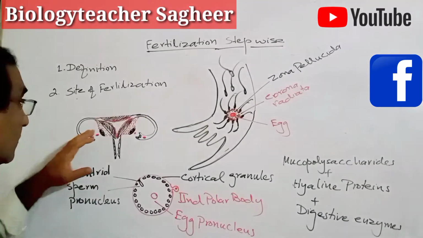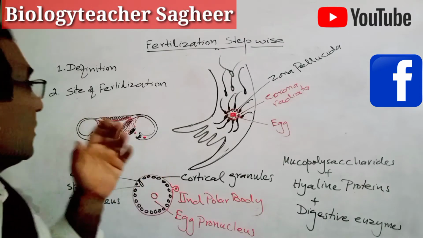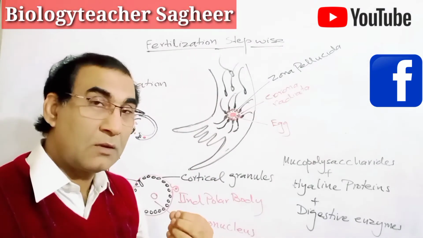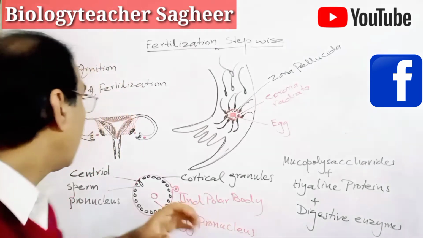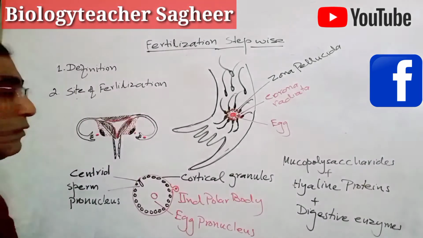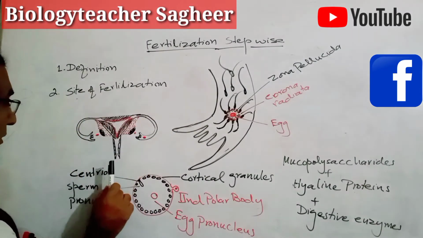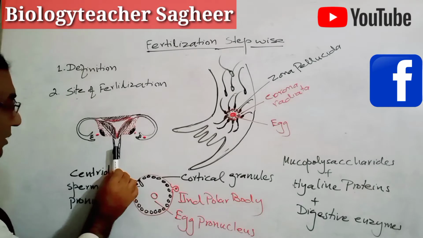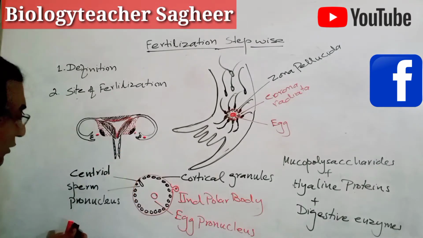Now let us come to discuss where the site of fertilization is. All of you know very well that this is the female reproductive system, and the penis places the sperms over here.